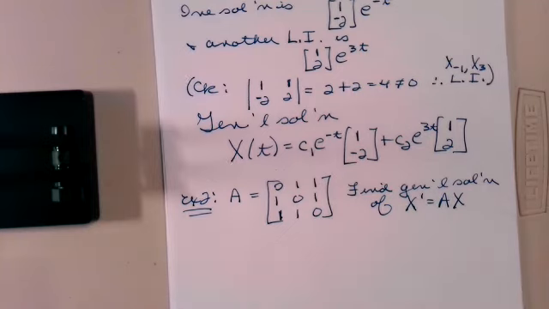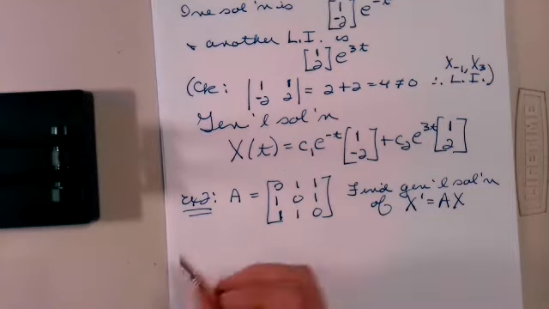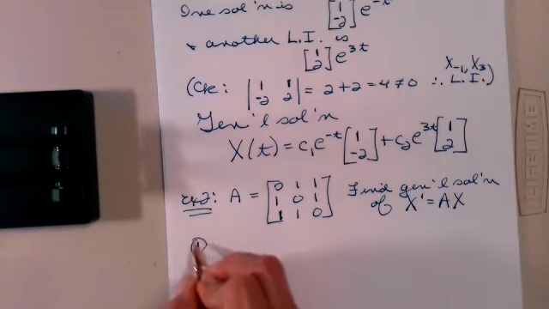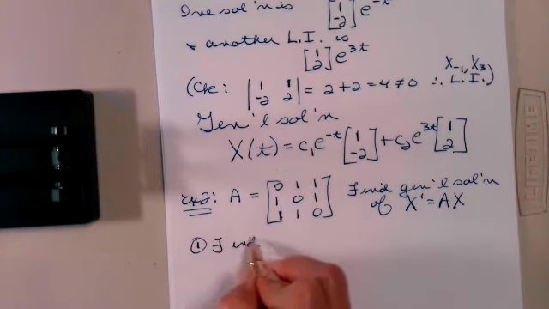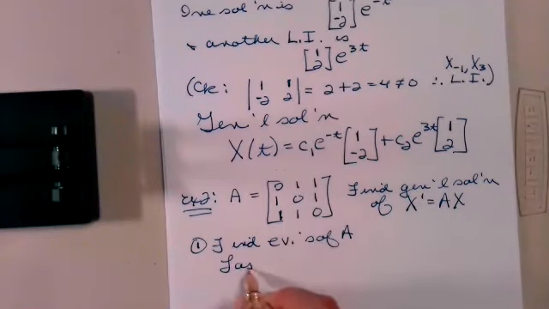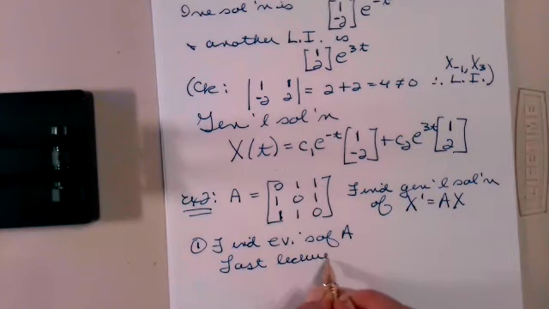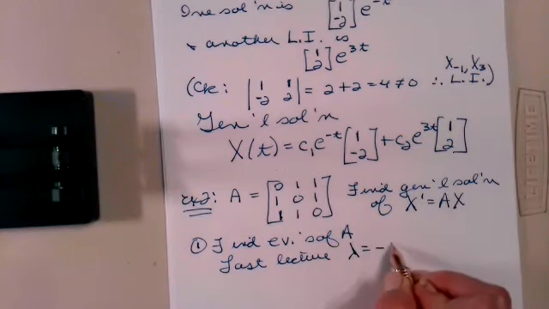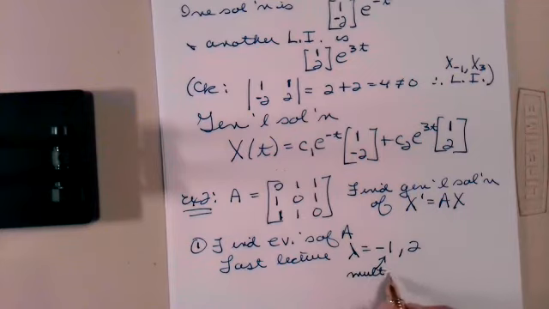Now, if you look back at our last lecture, we used this exact matrix. So when I say find the eigenvalues of A, in the last lecture we saw lambda is equal to -1 and 2. -1 had multiplicity 2, and 2 was a simple eigenvalue, multiplicity 1.